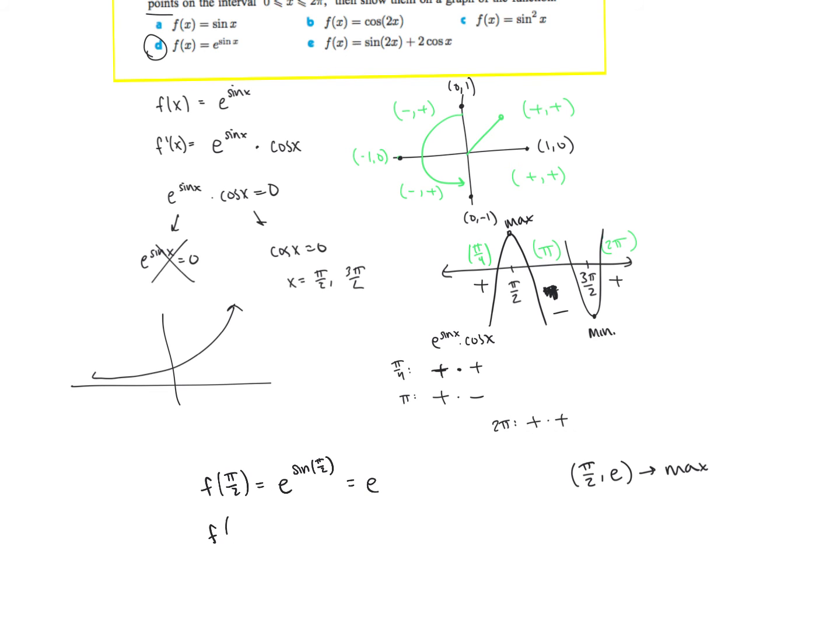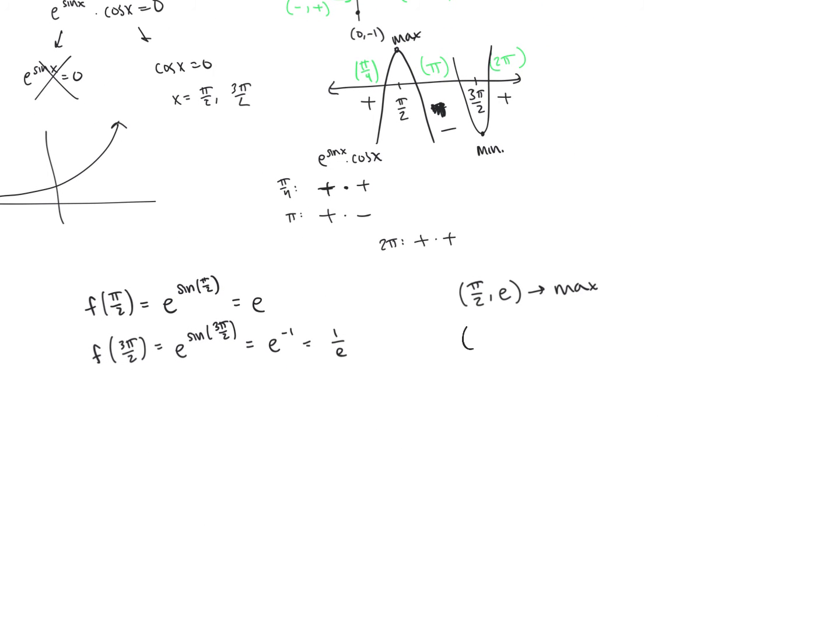And then if we plug in 3 pi halves, we have e to the power of sine of 3 pi halves. Sine of 3 pi halves is -1, so that's e to the -1, which is 1 over e. Okay? So we have 3 pi halves, 1 over e is a minimum.